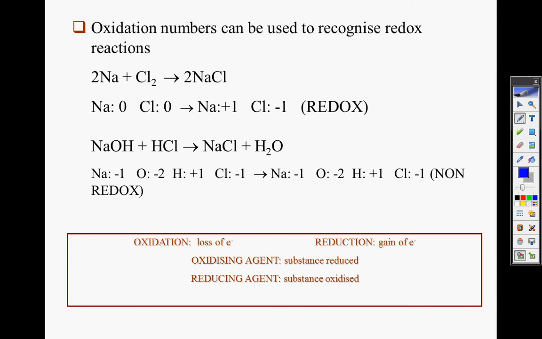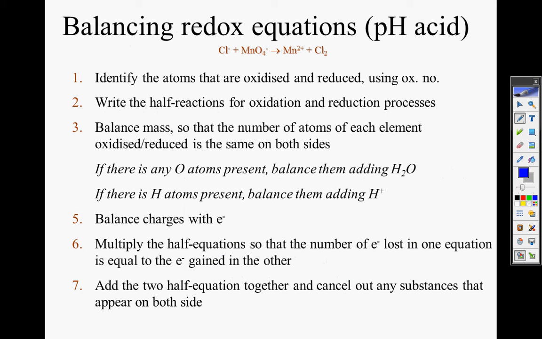All right, so oxidation numbers, we've done that. Balancing redox equations when the pH is acidic. Identify the atoms that are oxidized or reduced using oxidation number. Half reactions. Balance mass. Highlight circle number 3, the two parts. If there are any oxygen atoms present, balance them by adding water.